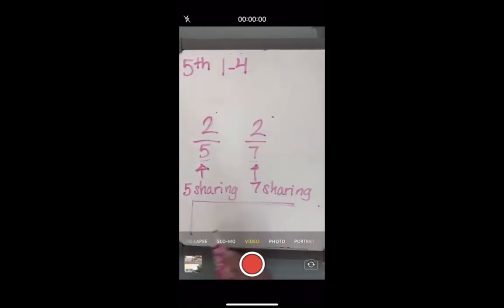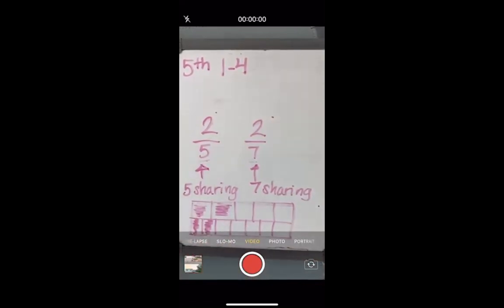So if I was to draw 2 diagrams here, 1, 2, 3, 4, there's my fifths, and then 1, 2, these aren't exact, 1, 2, 3, 4, 5, about that for sevenths. Here's my 2/5, and then here's my 2/7.